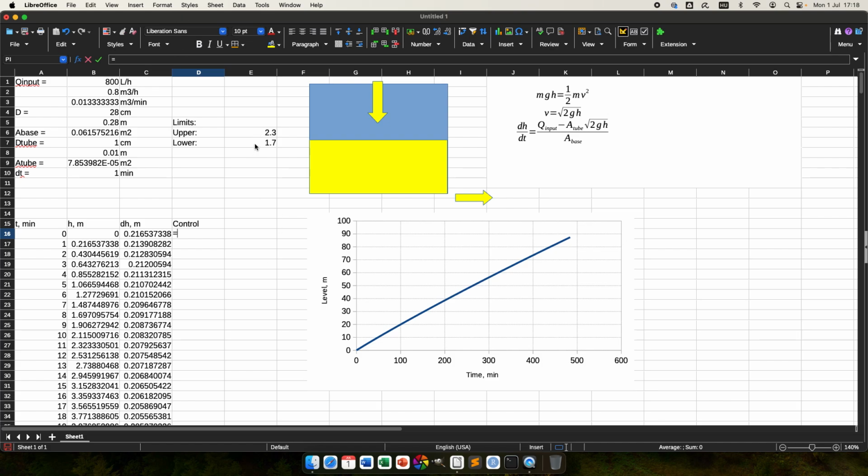Of course, if I am lower than this level, the controller should work. So if the current water level is lower than the lower limit, then the controller should work. Otherwise, no. This is very simple.